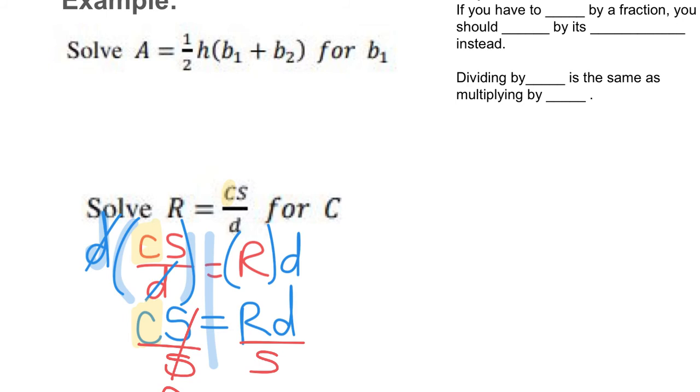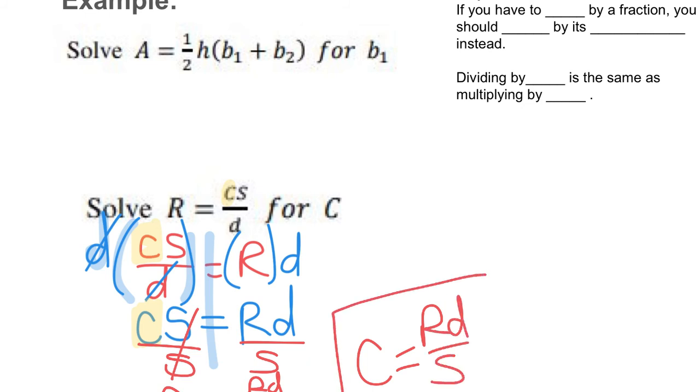That's all I have left is C, and RD divided by S. So this one is going to be C equals RD over S. Again, none of this can go together because it's just letters. It's not numbers that can actually be divided or multiplied. So we just leave it set up in that format.